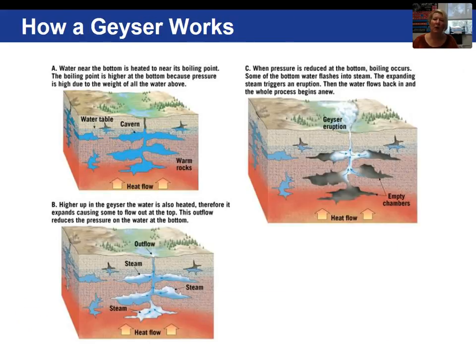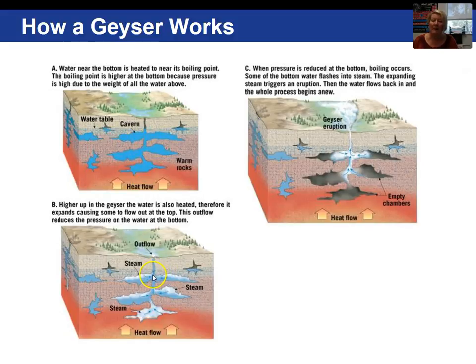A visual is probably better to show you how a geyser works. First figure here, the water near the bottom is heated to close to its boiling point. It's not going to boil because of the pressure that is being exerted on it from the overlying water.